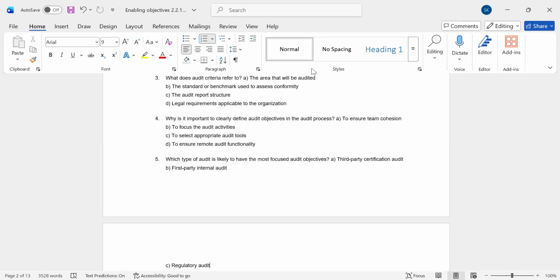So the question is, why is it important to clearly define audit objectives in the audit process? Audit objectives basically are what you want to achieve by doing the audit.